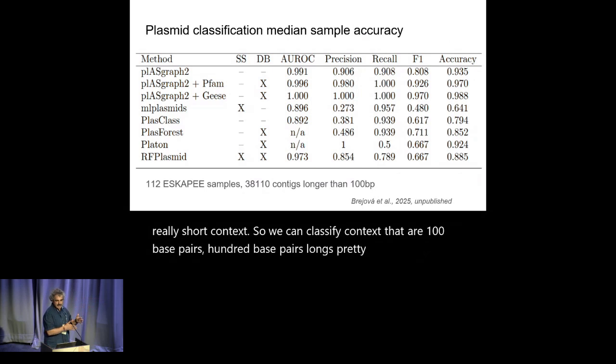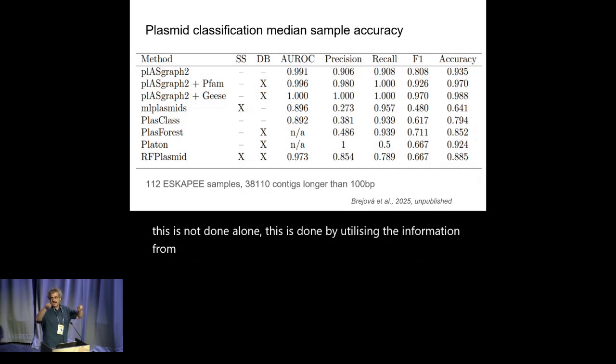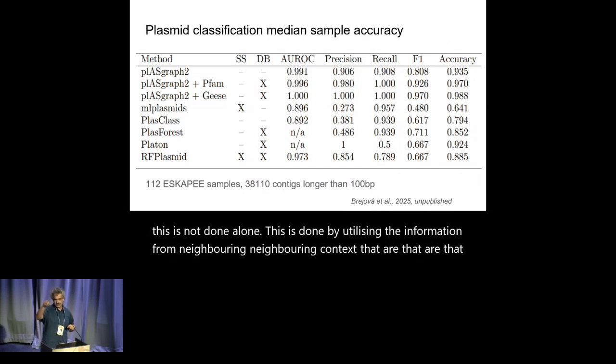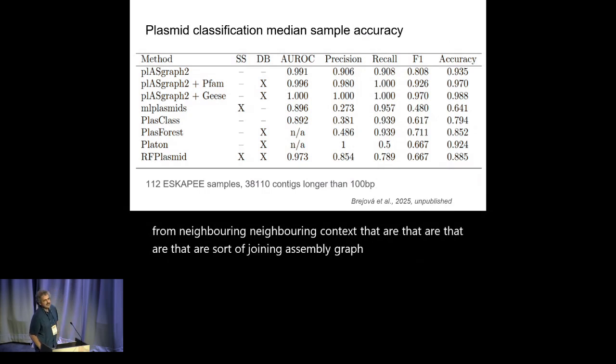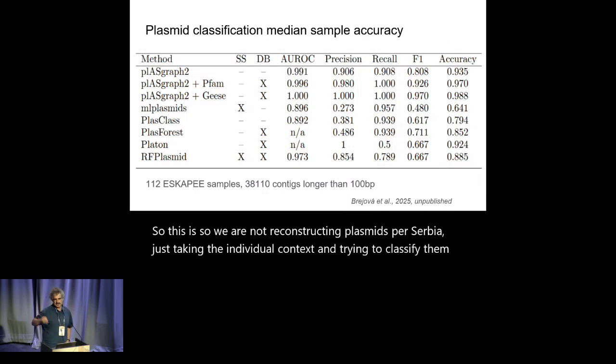And this is not done alone. This is done by utilizing the information from neighboring contigs that are joined in an assembly graph. So we are not reconstructing plasmids per se. We are just taking the individual contigs and trying to classify them. Is this a plasmid or is this a chromosome?